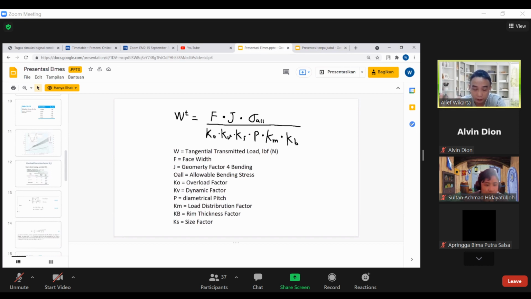Then in this calculation, in those results from last week, we can find that the horsepower for bending is greater than the horsepower from wear. That is why we determine the rated power from the wear, because wear is more dangerous, more critical than bending.